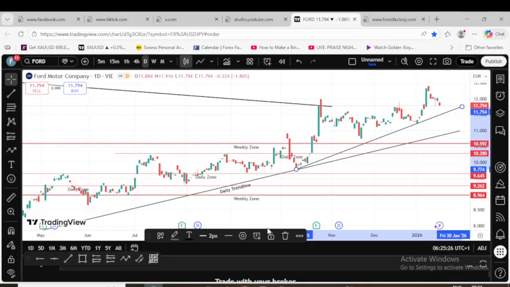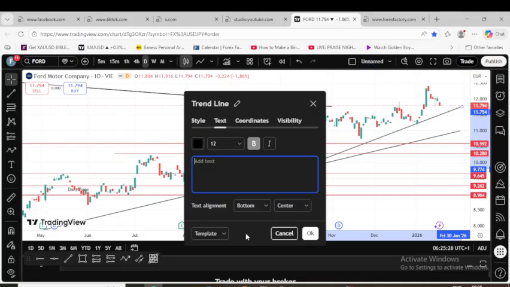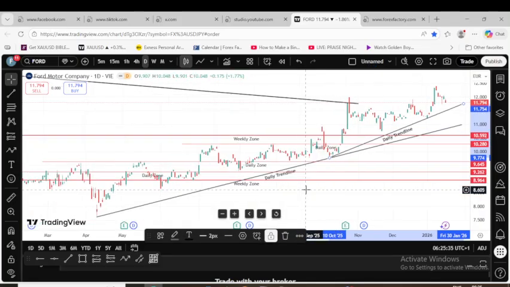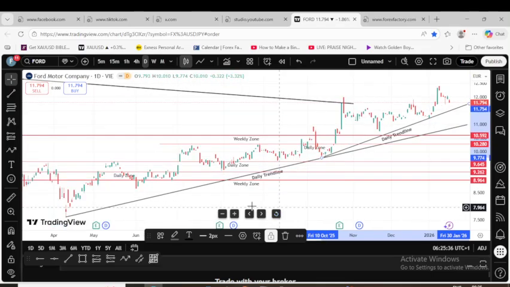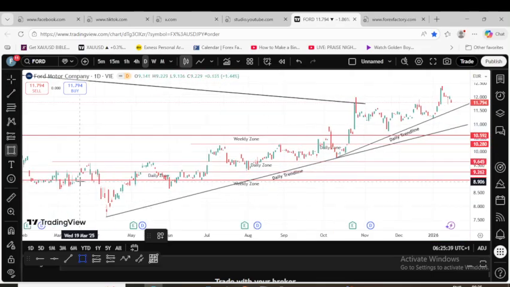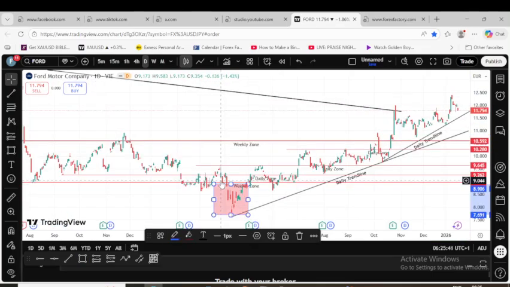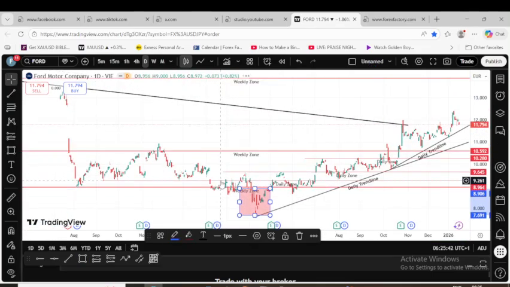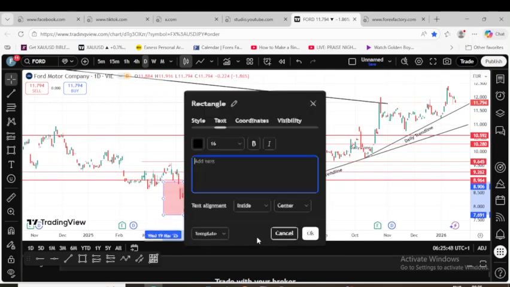Another daily trend line. Okay, so now that we've identified our trend lines, we identify our trend origin, which is clearly here because price is coming from a strong bearish move before entering here and becoming considerably more bullish.